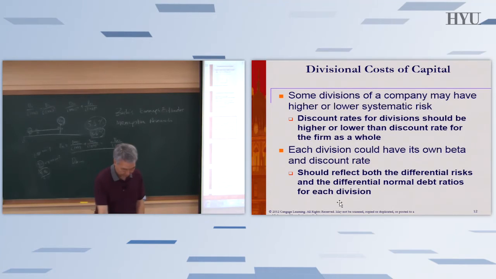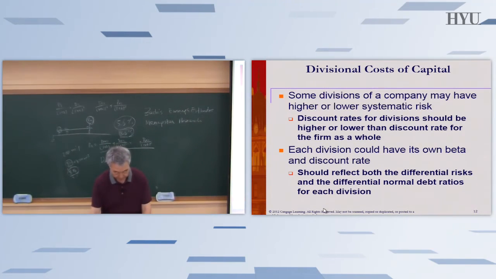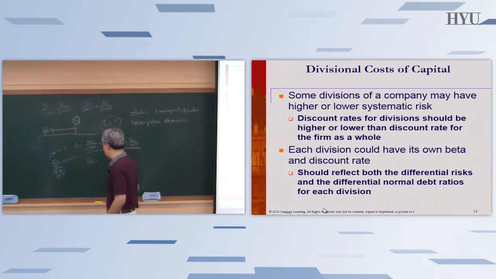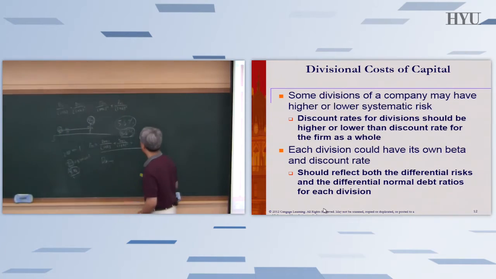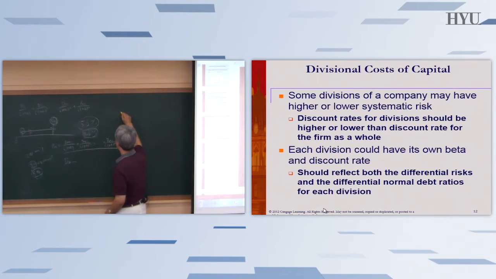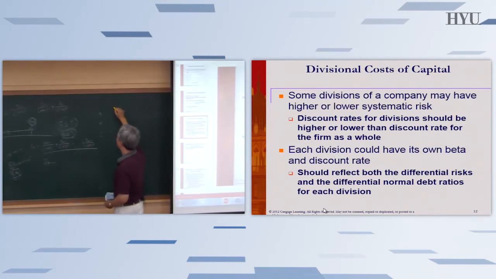But if you go back to the chapter, let's say division A, B, C, and you have beta, say 1.5, 0.7, and 1.2 for each division.